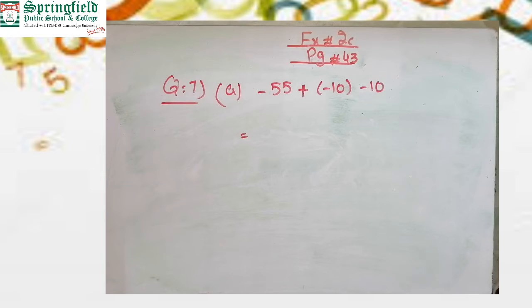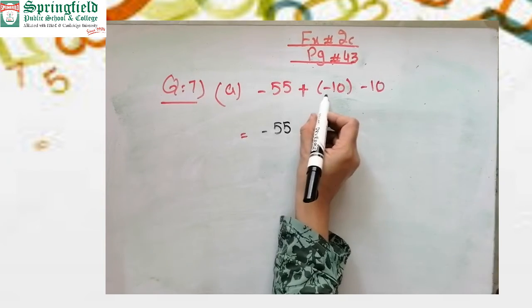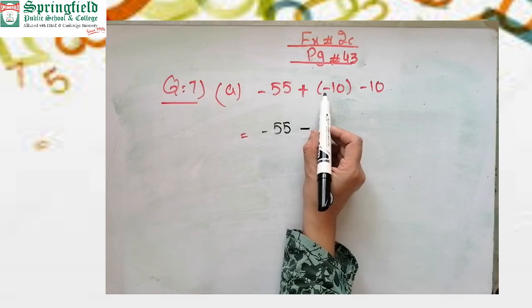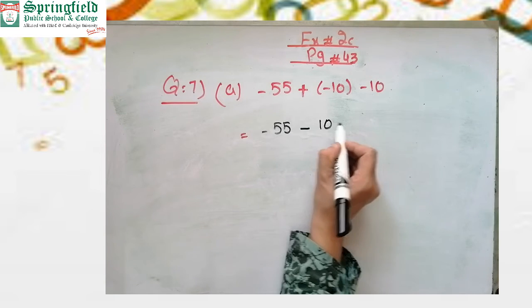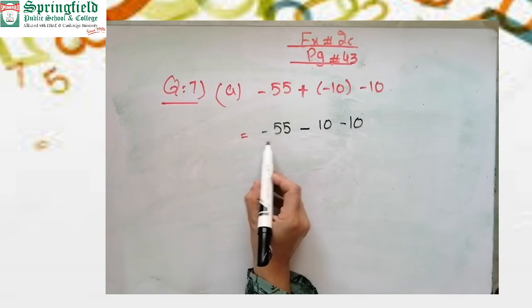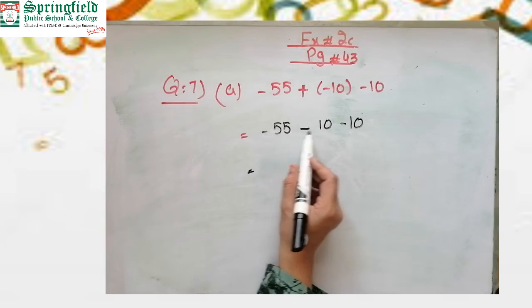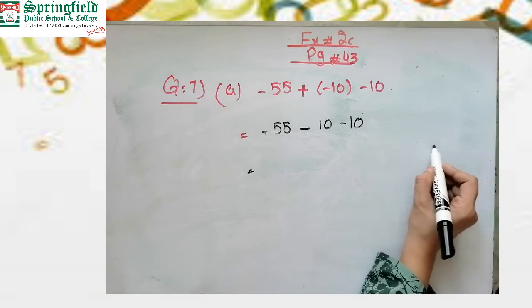So beta, as we know that first we will solve the brackets. Minus 55, open the bracket, it will become minus plus minus. When we will open the bracket, the sign will multiply. Minus plus minus 10 minus 10. So we will start from the left side. Minus 55 minus 10. Minus minus will plus.